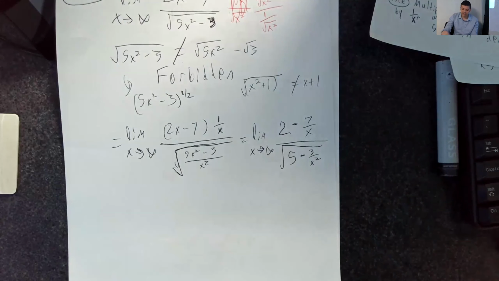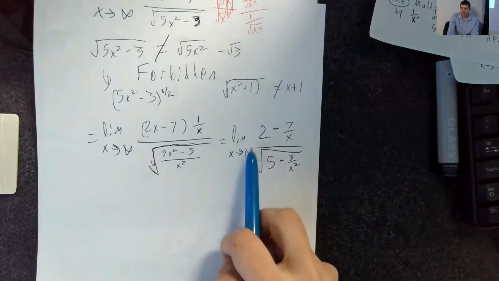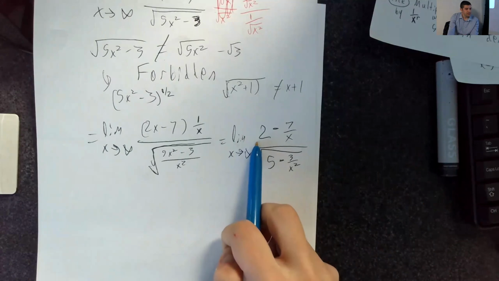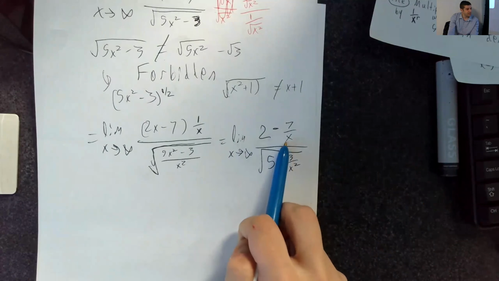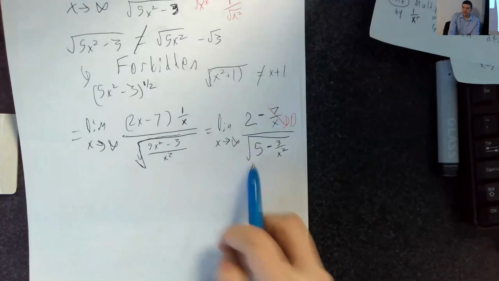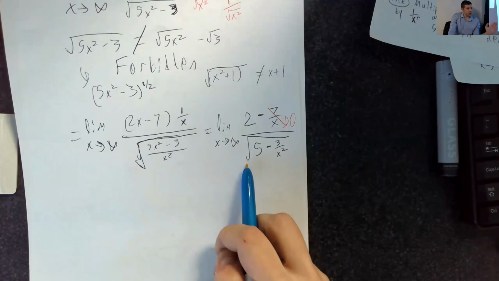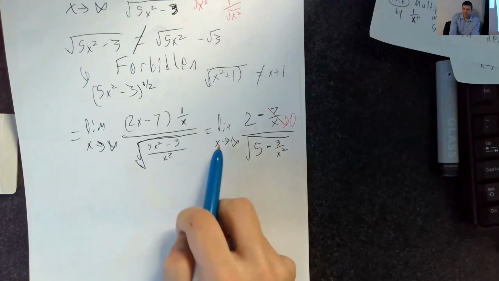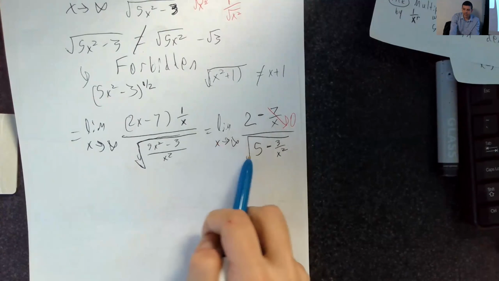Okay. Now I could actually take limits. Limit of 2 is 2, limit of 7 over x, pro tip, 0. Okay, now the square root operation is continuous. One of our limit laws means I can go inside the radical with the limit. So what's the limit of 5? 5.